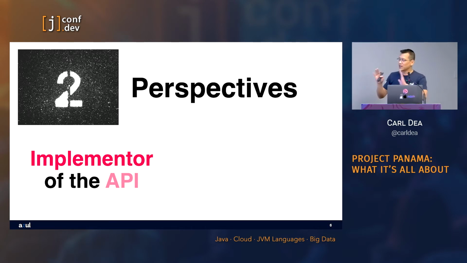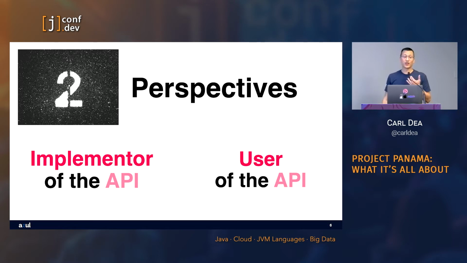That's the implementer's perspective. Then there's the user of the API. You're the consumer of this library, and you don't really know how it works. It's just magical, and all you know is Java. Your intent is to use this high-performance thing that does all this magical stuff, but you have no idea that it's written in C and natively.